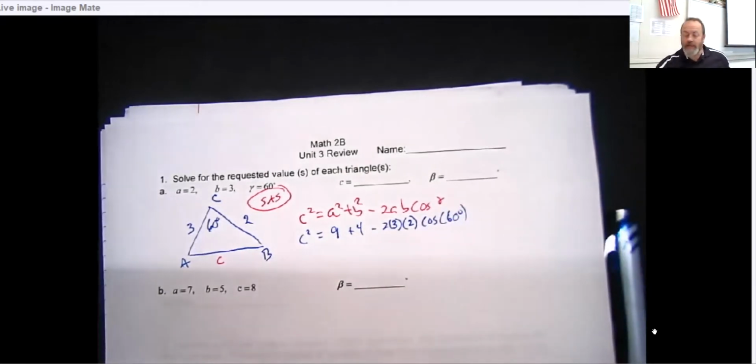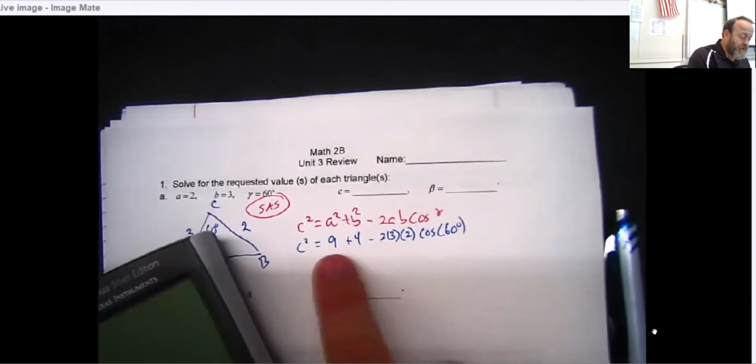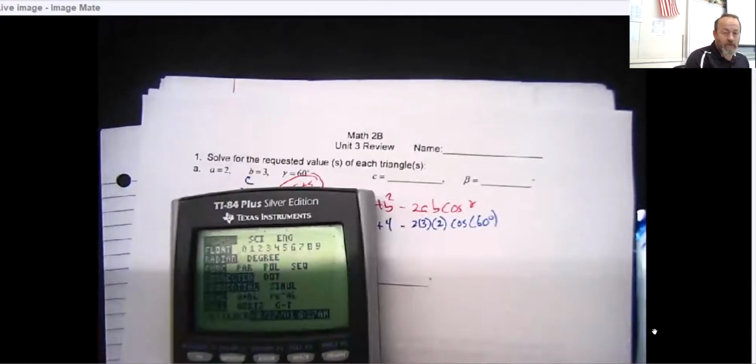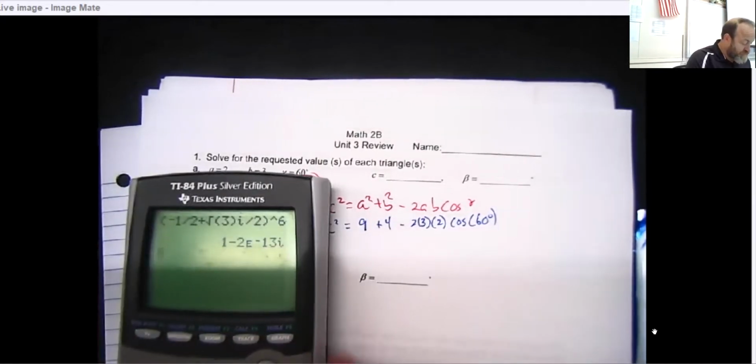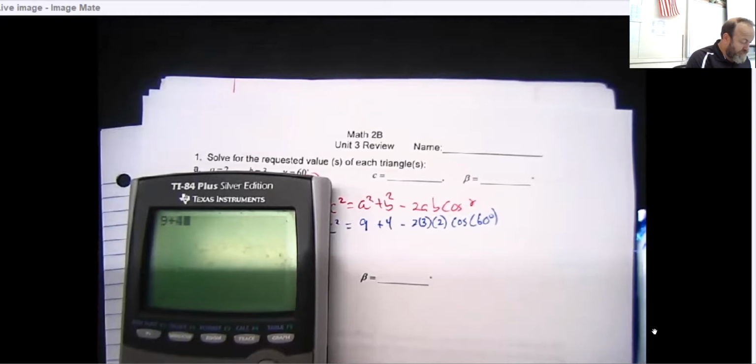Now, in this particular instance, that's actually kind of nice because you'll notice that there's all simple numbers. And so as long as my calculator is in degree mode, I should be able to type that in exactly as it phrases. So I've got 9 plus 4 minus 2 times 3 times 2 times the cosine of 60.